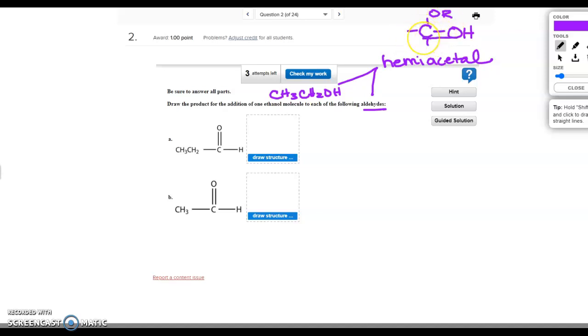So it's an alcohol going this way, and it's an ether going that way. If you want to think of a drunk ether bunny, that might help. Now it does need to be bonded to the same carbon. Just having an alkoxy group and a hydroxyl group anywhere in the molecule does not make you a hemiacetal. It has to be bonded to this direct carbon. So we should end up with that structure.